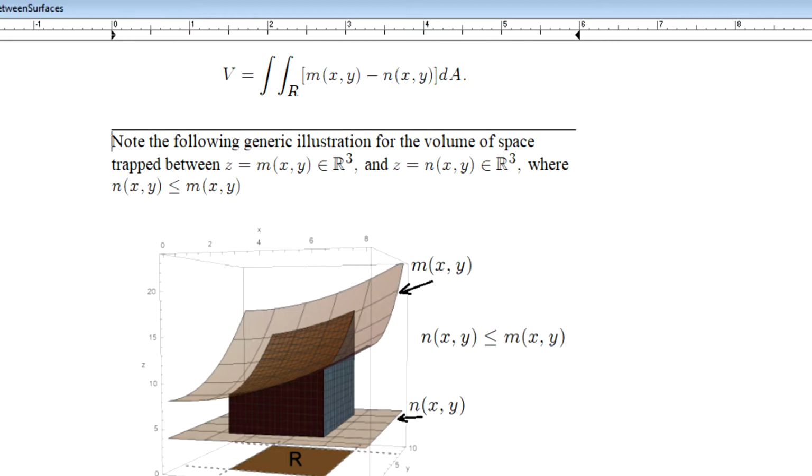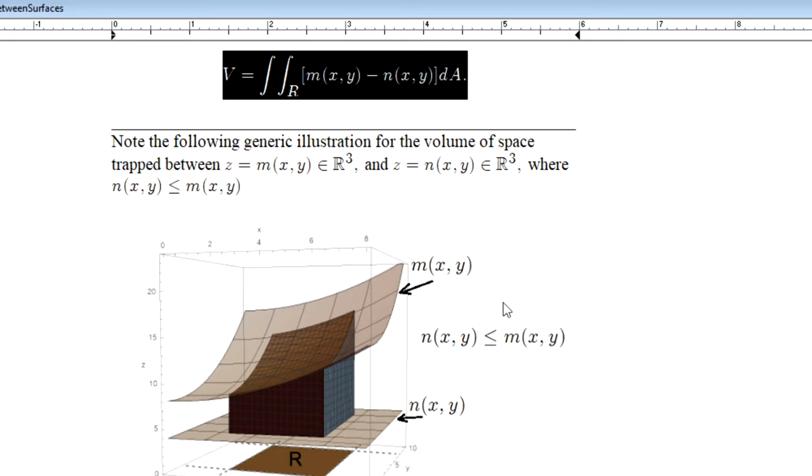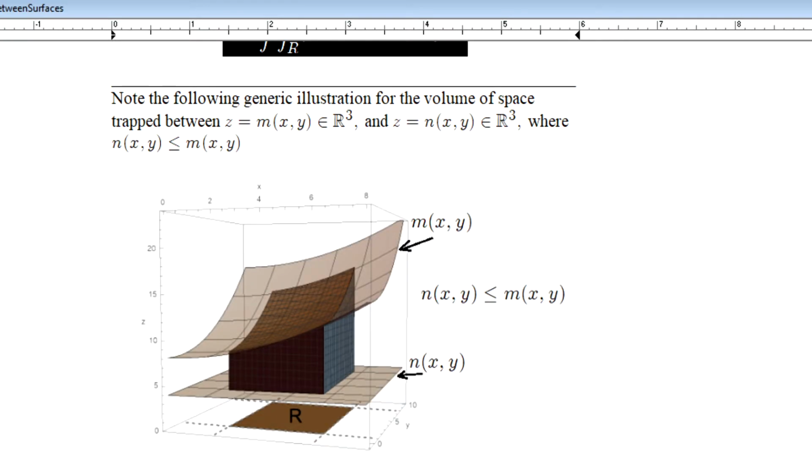What we are calculating with this double integral is this volume of space found here, trapped between what we see up here as our surface M, and what we see down here as our surface N, over this region R that exists down here in two dimensions in the XY coordinate plane.